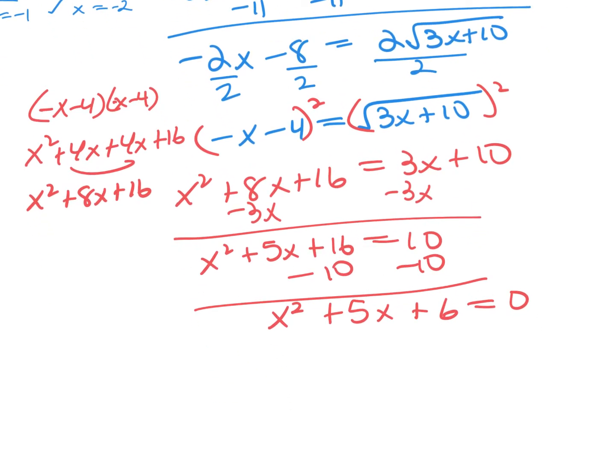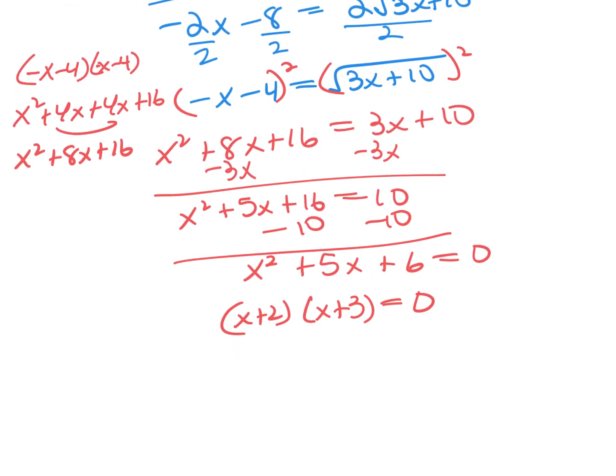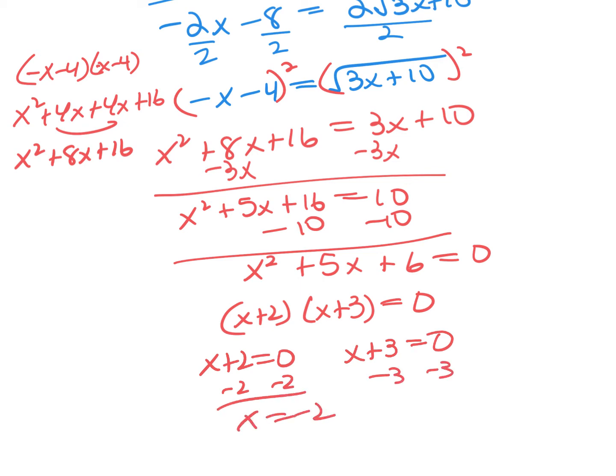Factors of 6 that give me 5. That will be x plus 2 and x plus 3. Set each factor equal to 0. Subtract 2, -2, subtract 3, -3.